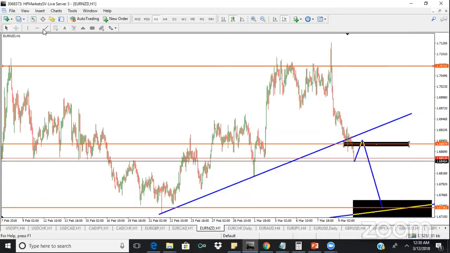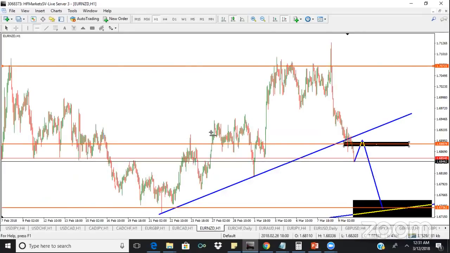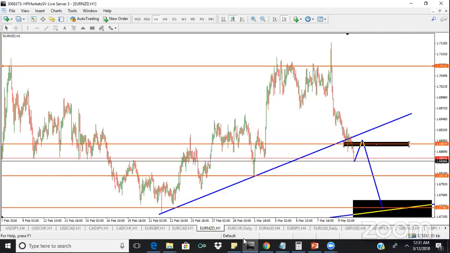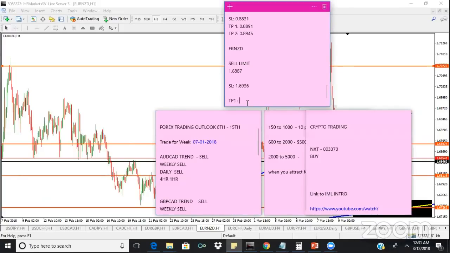So what I'm now waiting for, if it works out that way, my first take profit will be at this low. 6.811. That's TP1.